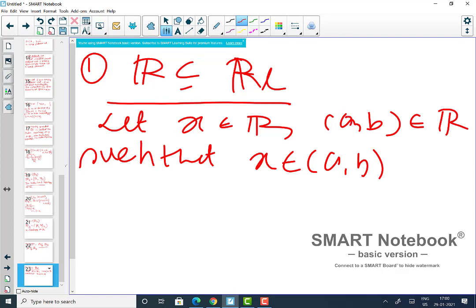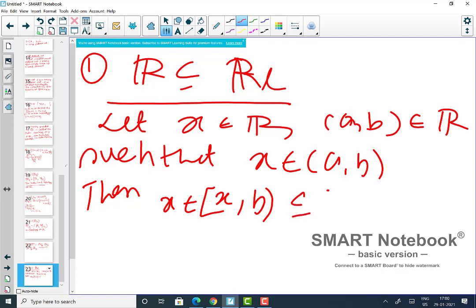And what is that? Obviously, you see the half-open interval X to B. This is a basis element of RL, it contains X, and it is also inside AB. This is obvious.